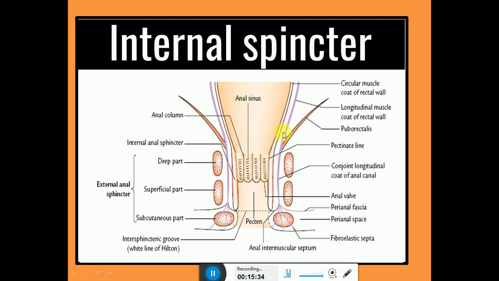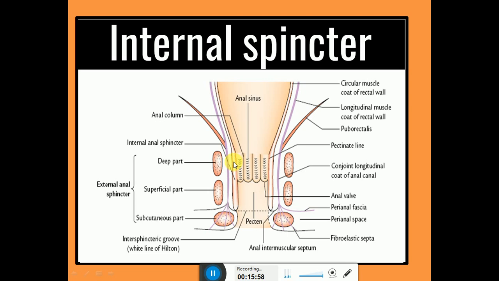So here you can see a diagram of the anal canal. This is the upper region. We can see anal columns, anal valves, and here you can see anal sinuses, the crescentic folds. This is the upper region, and this is the lower region.